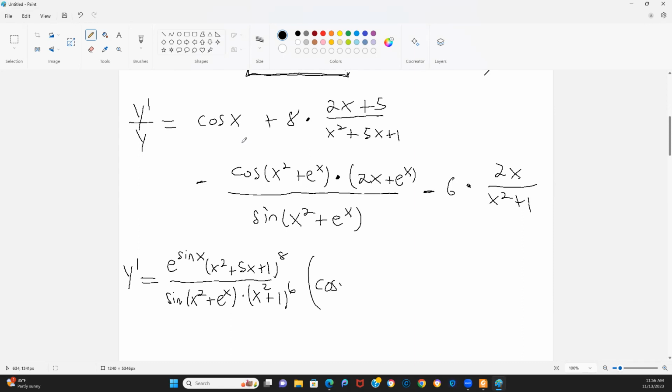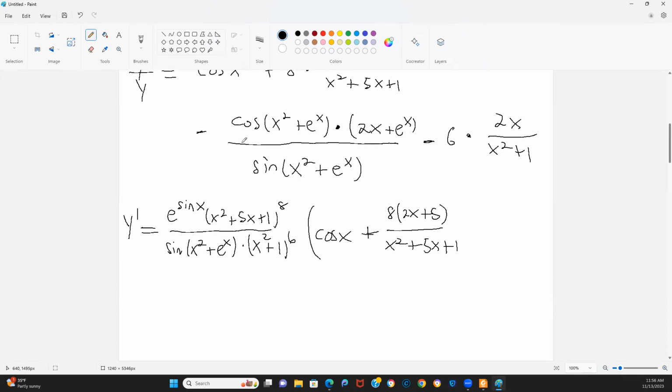So it'd be cosine of x plus 8 times (2x plus 5) over (x squared plus 5x plus 1). This is terrible. And then minus, so we have sine, cosine over sine, so this would be cotangent.